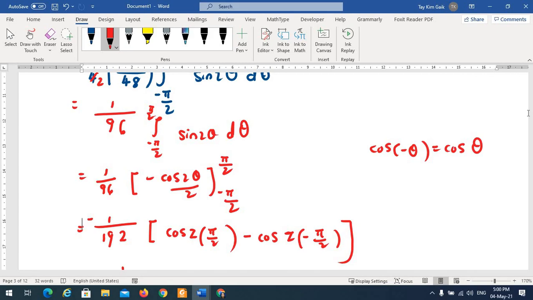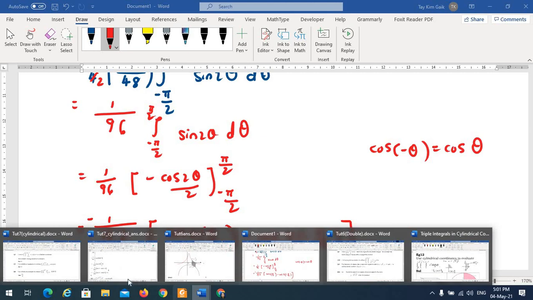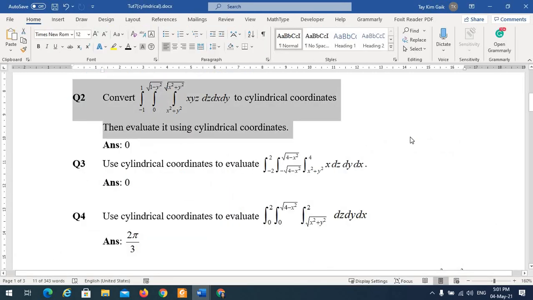You can try question number 3. Question 4 also uses conversion equations.